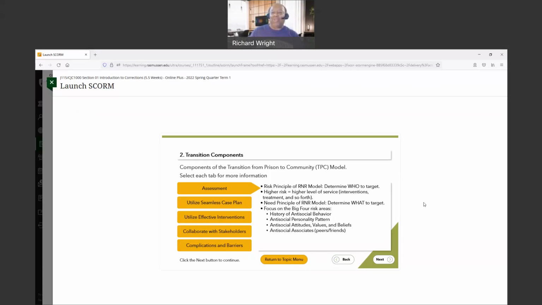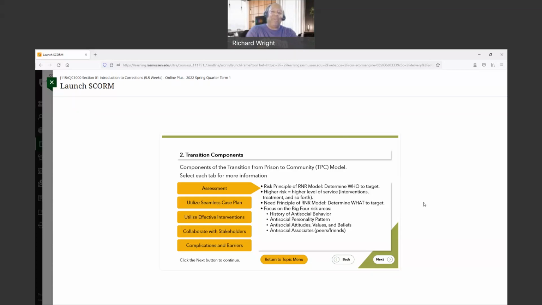And what things are we going to focus on? Their antisocial behavior, change that to a new direction, personalities, so that they would have the personality of an individual who would not commit a crime, but the personality of someone who wants to be a responsible contributor to the community.